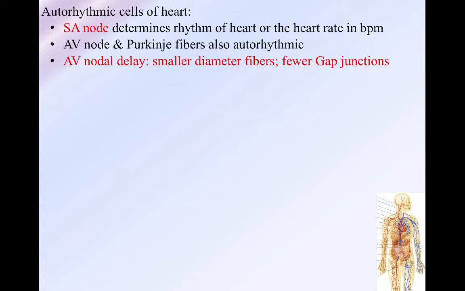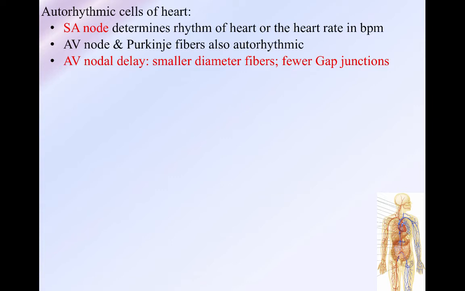The SA node is going to pass the action potential across the myocardial cells of the atria and down to the AV node, but at the AV node it slows down. The reason for this is that there are smaller diameter fibers, which means the action potential will travel more slowly, and there are fewer gap junctions between the nodal cells in the AV node, and so the action potential doesn't move quite as quickly from one AV nodal cell to another.